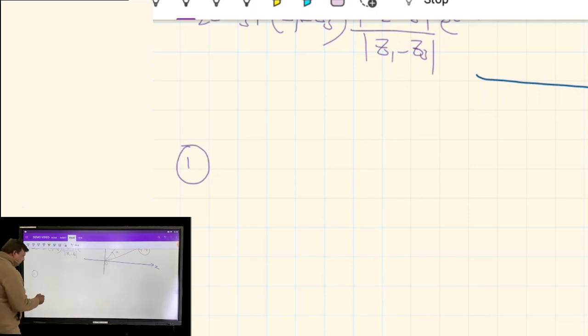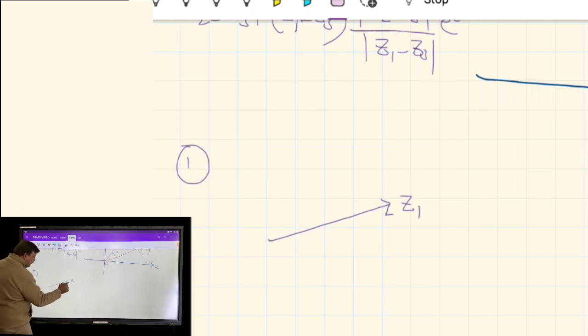I mean, that's simple. Suppose this is a complex number Z1, and the tail is at the origin, let's say 0, 0. I mean, real part 0, imaginary part 0. And you want to rotate this Z1 by 90 degrees without changing the modulus.